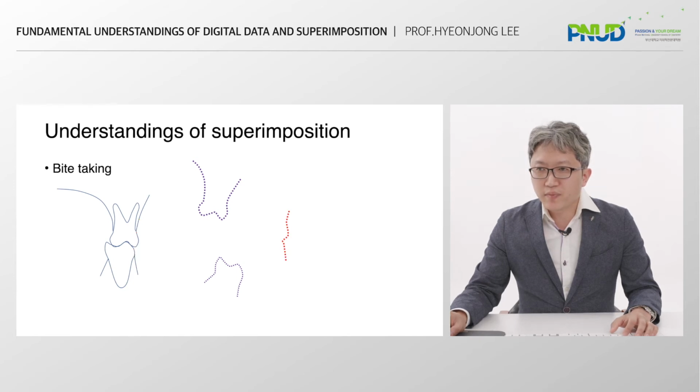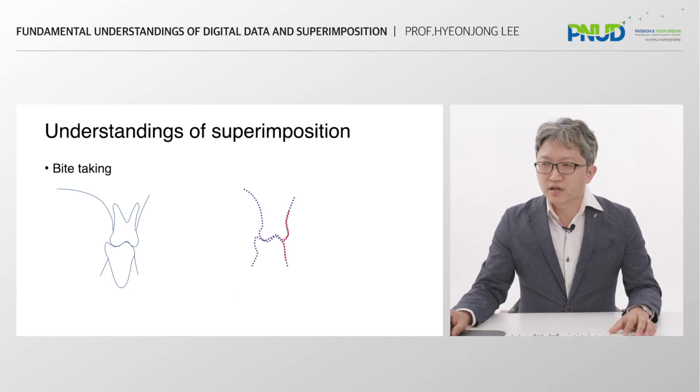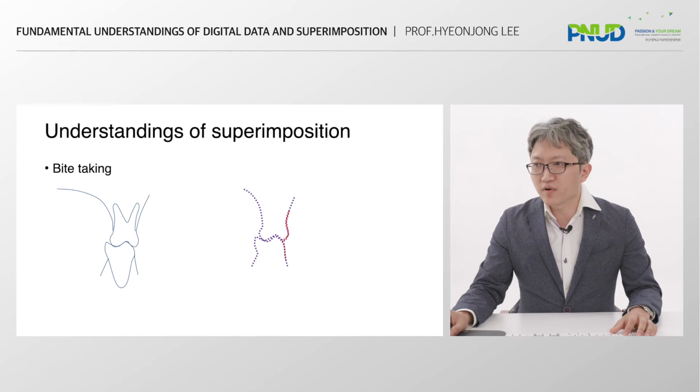After bite registration, the upper model goes here and sticks here, and the lower model goes here and sticks here. So the upper and lower scanning surfaces are superimposed to the buccal bite registration surface using only the buccal area.